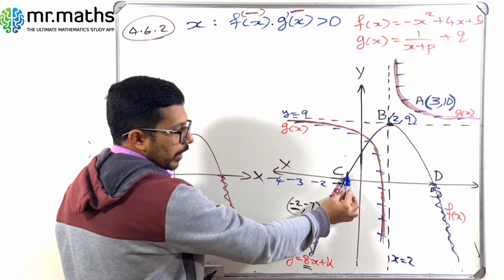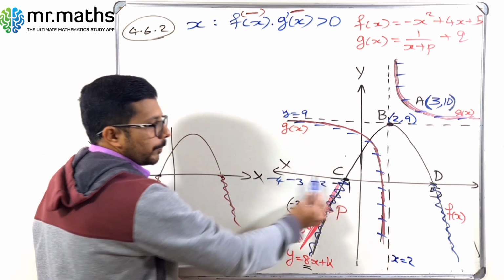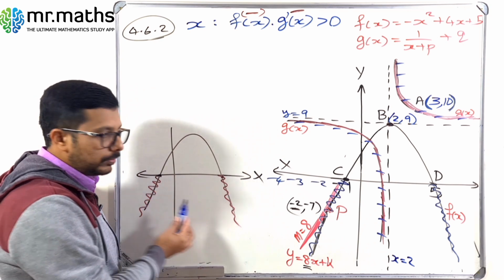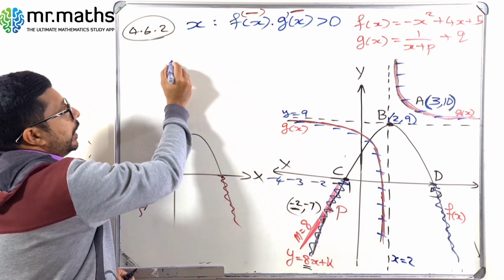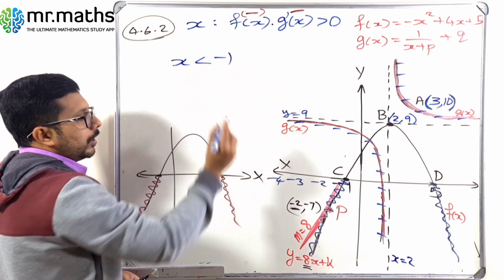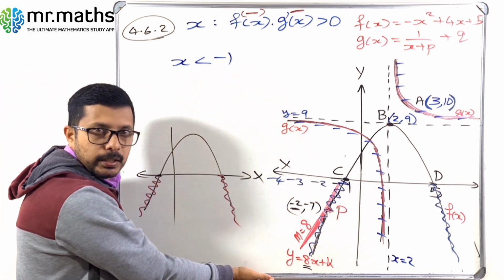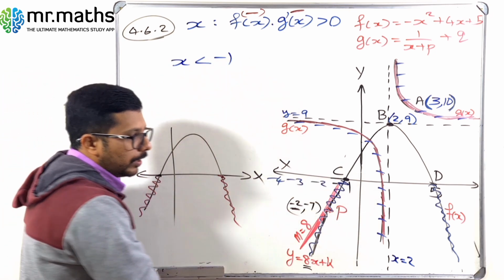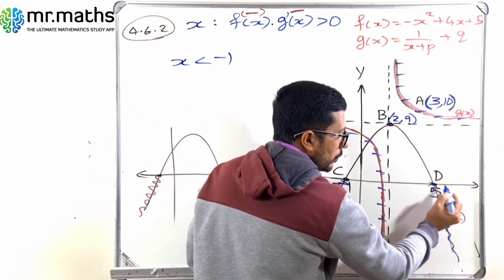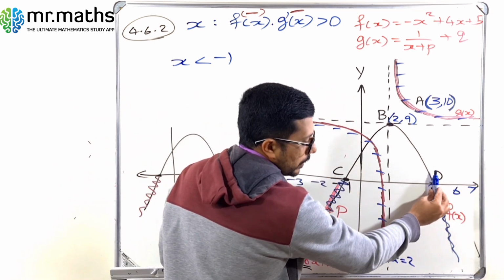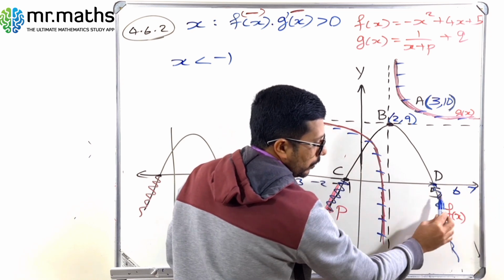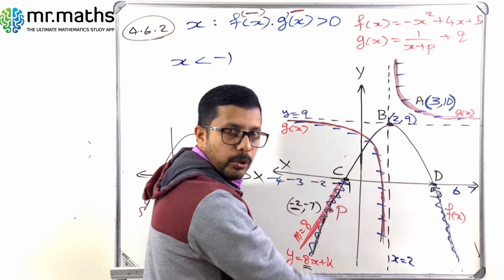That means when x is less than -1, the parabola is negative, below the x-axis. Similarly, this point is 5, this is 6, 7, 8, 9, like that. So when x is greater than 5, the parabola is below the x-axis.